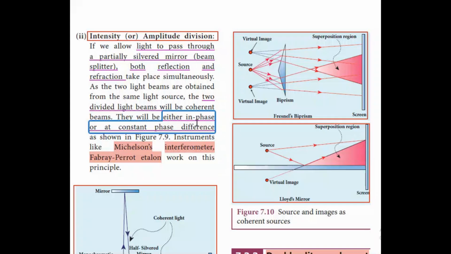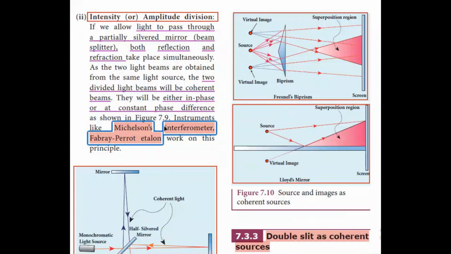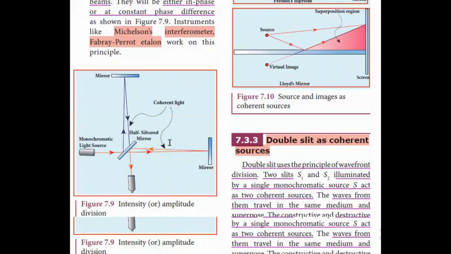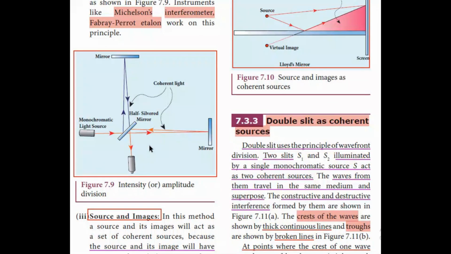They will be either in phase or at constant phase difference, as shown, and instruments like Michelson's interferometer and Fabry-Perot Echelon work on this principle. So this is the splitting of coherent light into two sources.